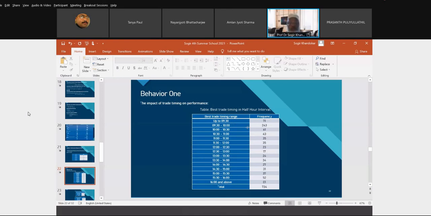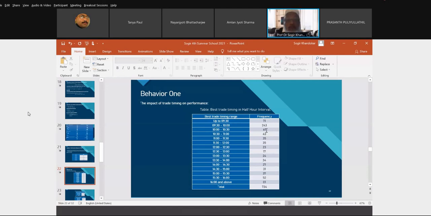So now we see the trades within the best RPM. Those occurring up to 9:30 number 71. From 9:30 to 10, 243. From 10 to 10:30, 61.